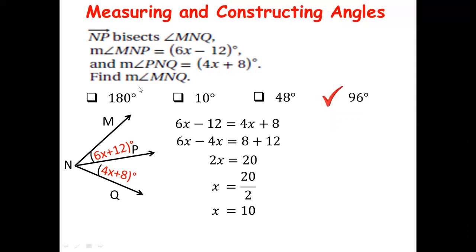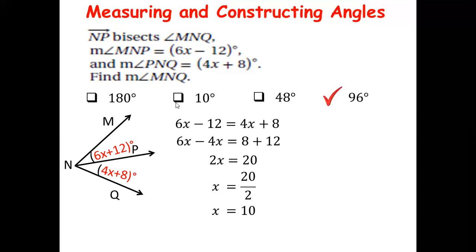But because this question asks for the value of the angle, that's why the answers are in degrees. So this is one small hint I could give you. If the question says find the value of x, the answers will not be in degrees, right? So here we have found the value of x. To find the value of x, you need to make them equal to each other and just solve how you would solve an algebraic equation.